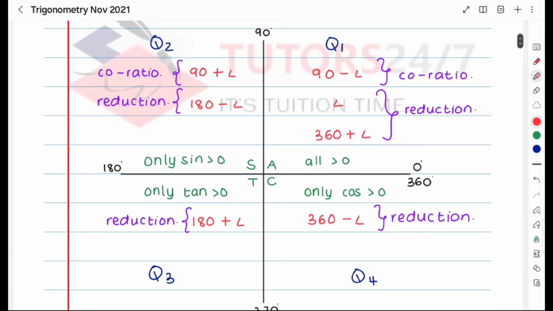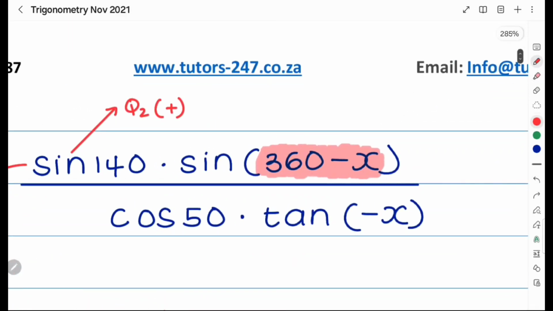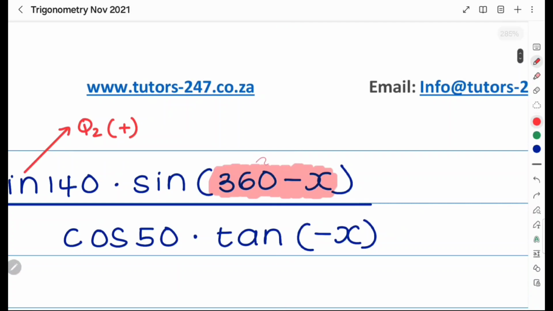Where is 360 minus x, or 360 minus some angle? As you can see, that is in quadrant 4, 360 minus some angle. So we now know that this is quadrant 4. So let us make a note of this.